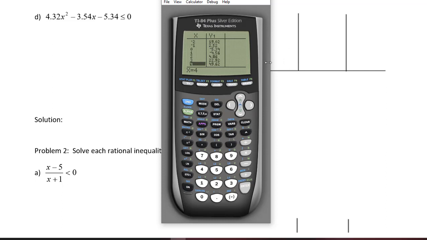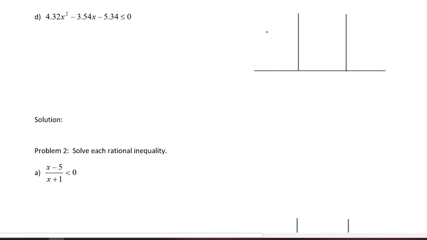From -infinity up to somewhere between -1 and 0, the function goes from positive to negative. So to quickly sketch this, the function is going to look something like this. And now let's find those values of x for which the function changes sign.